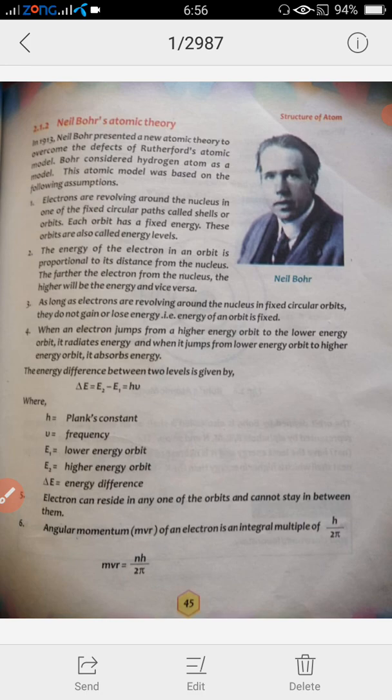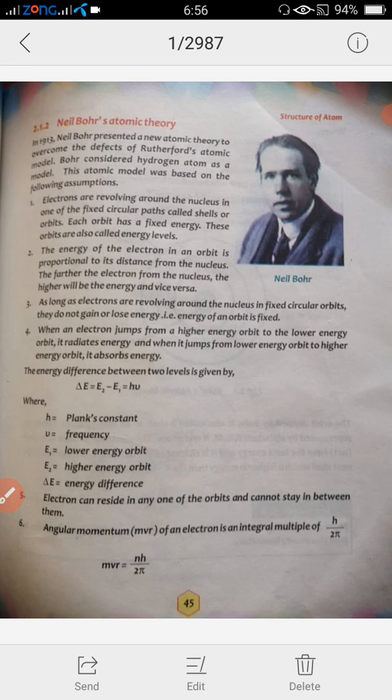When the electron is excited, it moves from the shell that has lower energy to the high energy level.